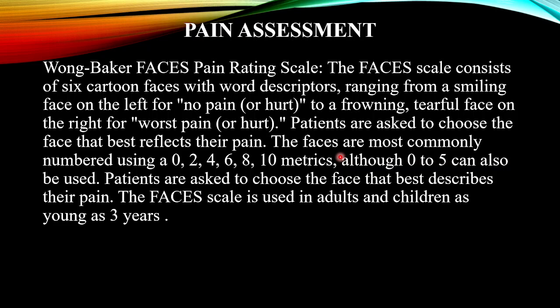The Faces scale consists of 6 cartoon faces with word descriptors, ranging from a smiling face on the left for no pain or hurt to a frowning, tearful face on the right for worst pain or hurt.